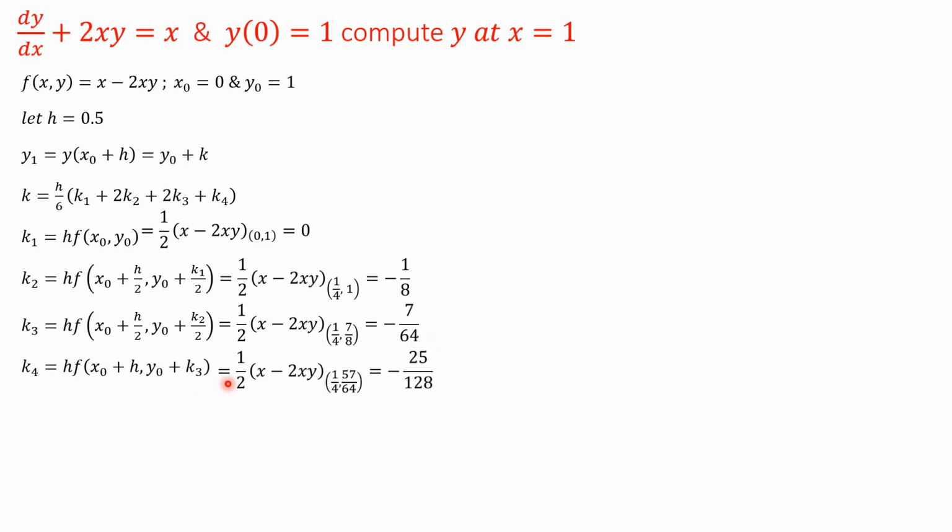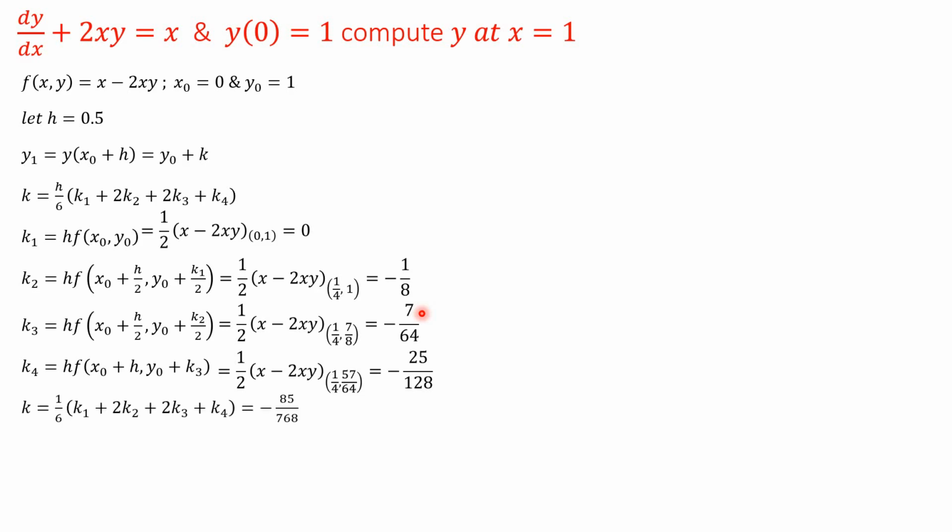Then k4 will be minus 25/128. I am taking these values in rational form, a by b form, so that there will be no rounding error, so that we can compare our answer and see how accurate this method is.